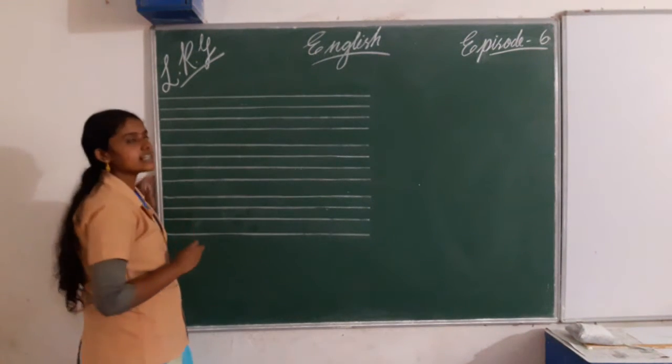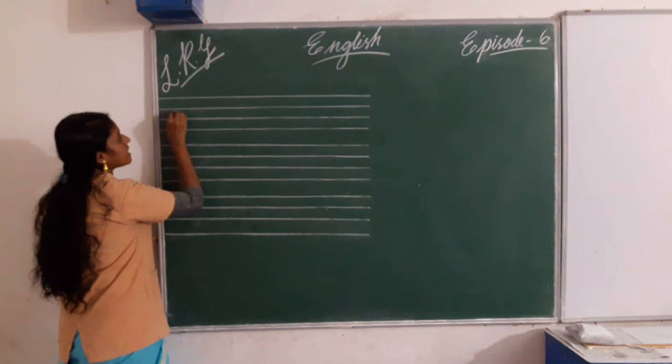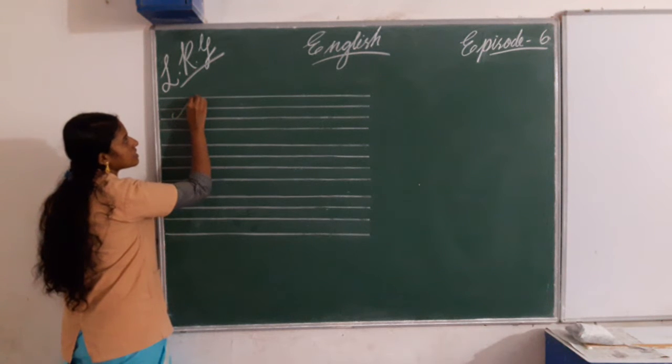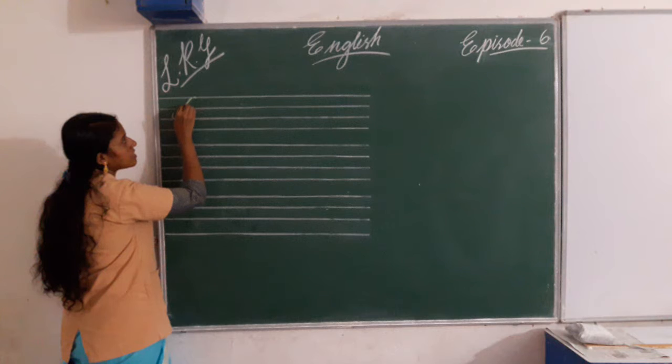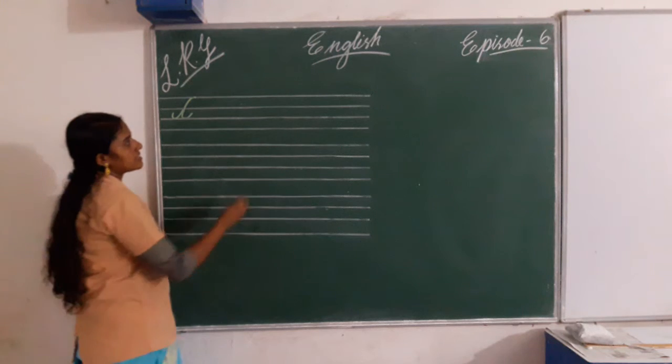How should I see? Listen here. Start from this line. Like this. C. Children, listen.